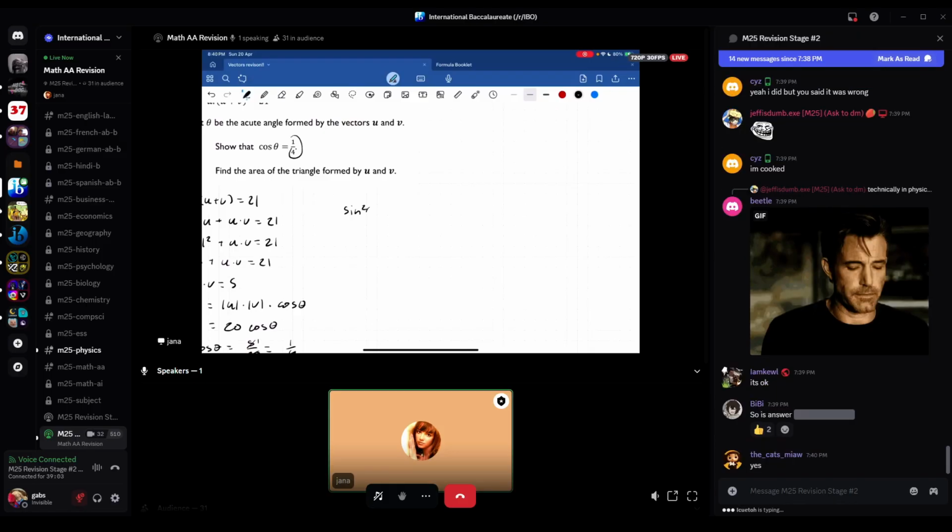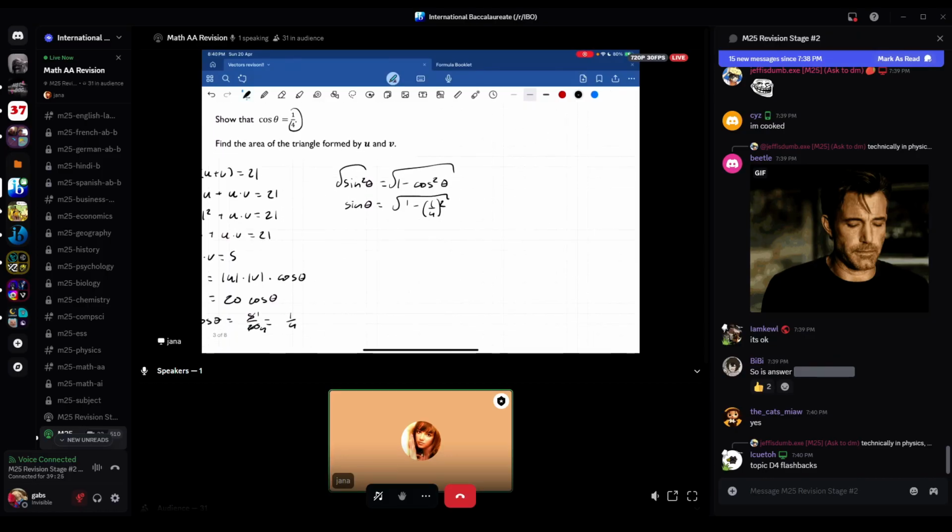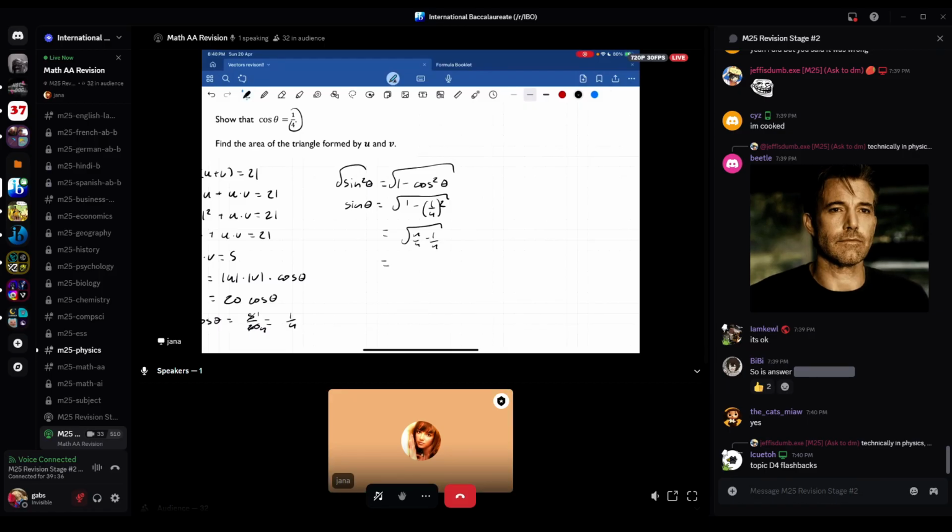We know that sine squared theta is equal to 1 minus cosine squared theta. So sine theta is equal to the square root of 1 minus 1/4 squared. Sorry, guys, that's 1/4 squared, so that's actually 1/16.